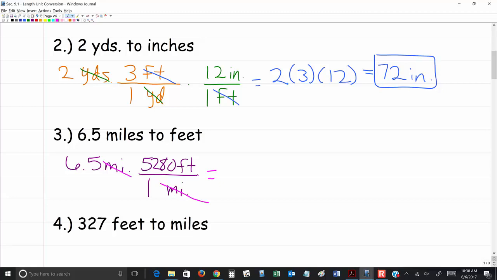So then you're able to cancel out miles, you're left with feet. You just multiply 6.5 times 5,280, and that's your answer.